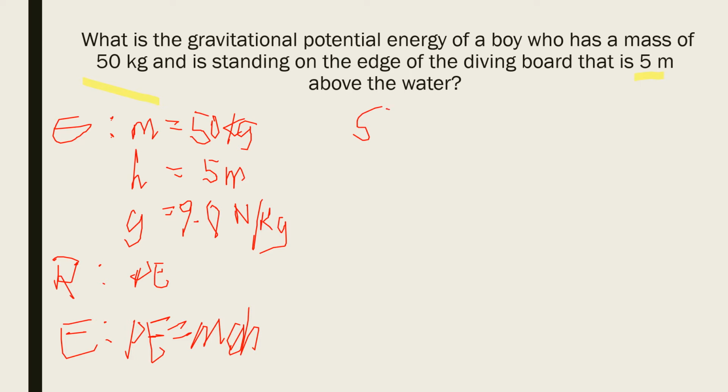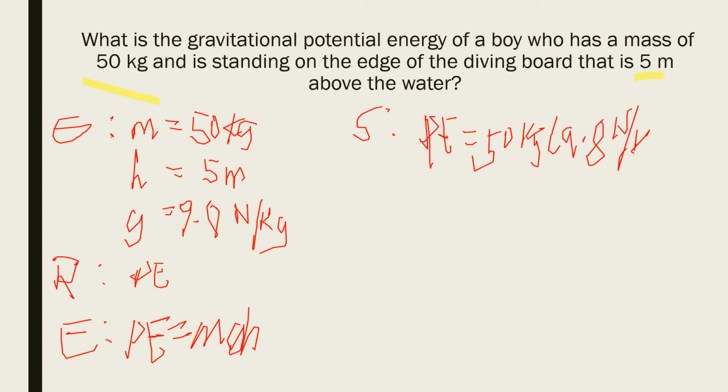Now let us solve. Substituting the values in order for us to solve for potential energy, we have here mass, which is 50 kg, multiplied by 9.8 Newton per kilogram.